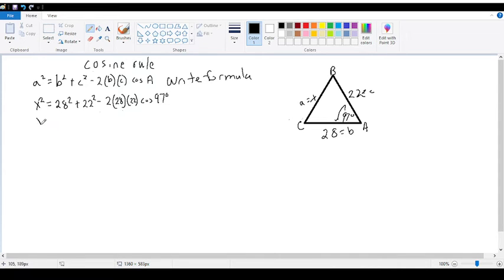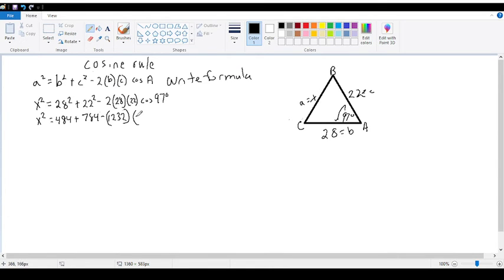So we start to do our evaluations. We have x squared, 28 squared is 784, and 22 squared is 484, minus 2 times 28 times 22, that will give me 1232, times cosine of 97.